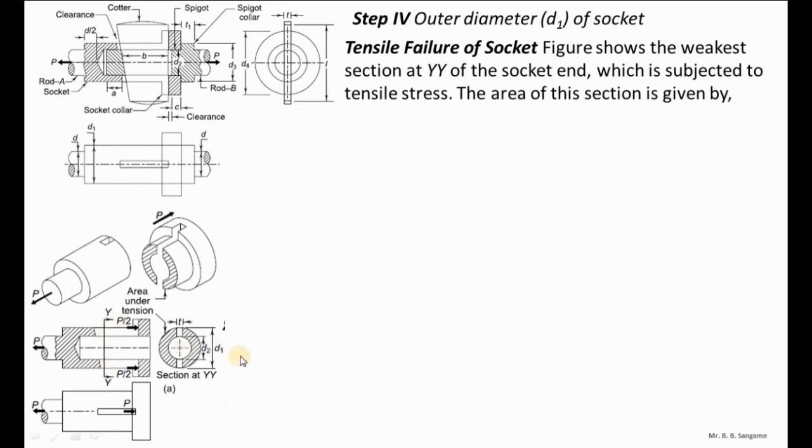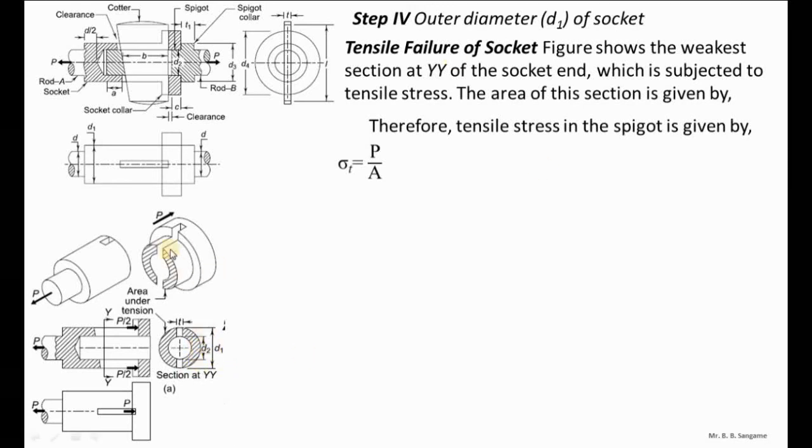So we need to calculate the area under tension. Stress sigma T will be P by A, and area under tension will be pi by 4 d1 square, we need to consider the outer circle, minus pi by 4 d2 square, which is the inner circle. And one more thing, here there is a slot, there is a cavity inside which the spigot quarter is going to fit.